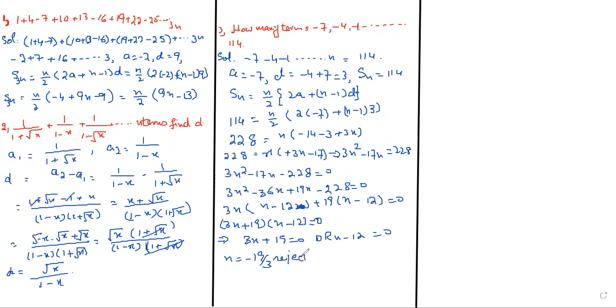This is not an integer, and it is negative. Or n is equal to 12. We accept it. So the sum up to 12 terms is 114, I think.